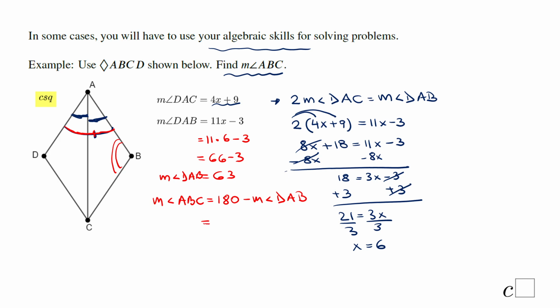So that will be 180 minus 63, and that will be 117 degrees. That is the measure of angle ABC. Okay.